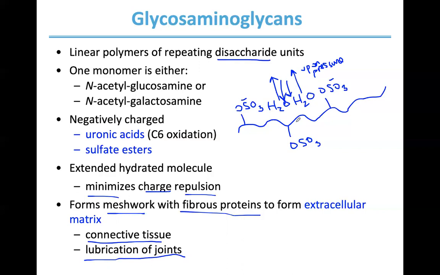So this will allow for connective tissue, and for example, for fluid that lubricates joints, which is made out of glycosaminoglycans, basically to be non-brittle, right, and allow for the bones to kind of move past each other a little bit without breaking something.